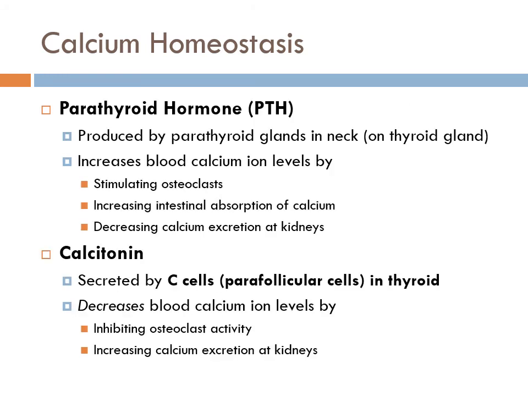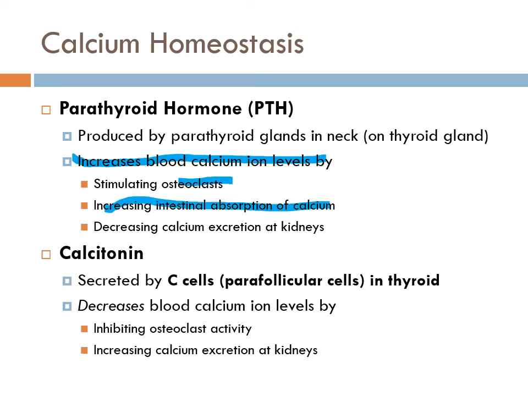Parathyroid hormone is produced by the parathyroid glands, which are little glands on the back of the thyroid glands in the neck. They increase blood calcium ion levels. So let's do that. Parathyroid hormone increases blood calcium ion levels by stimulating osteoclasts to break down bone and release calcium from the skeletal system, increasing the intestinal absorption of calcium.